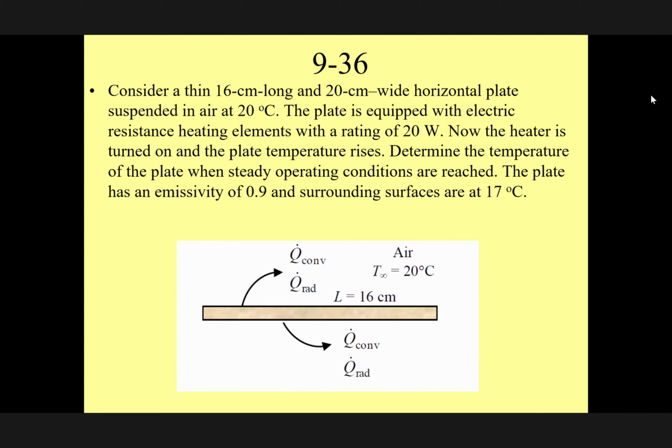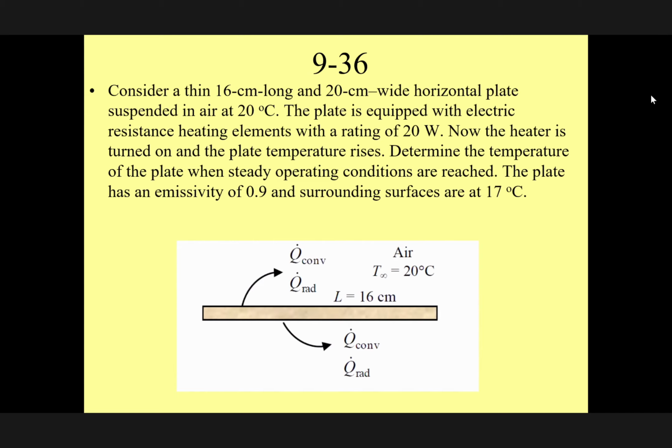Some energy comes in, 20 watt, and then this energy is lost to the environment. There are two components involved: convective heat transfer from the top part and convective heat transfer from the bottom part. And convective heat transfer is h times delta T. I do not know the temperature of the plate, but I know the temperature of the air is 20.